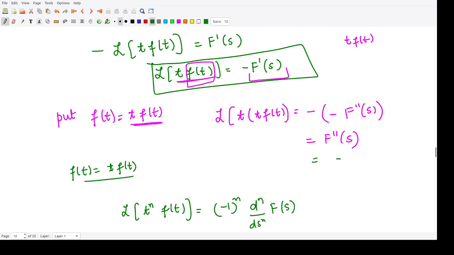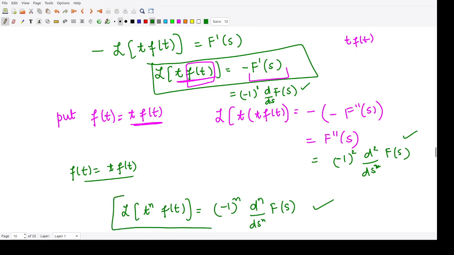What is this? This is minus 1 raised to power 2, the second derivative with respect to s of the term F of s. And what is this term? This is minus 1 raised to power 1, the first derivative with respect to s of the term F of s. So we have generalized our result, and this is the final answer that was required.